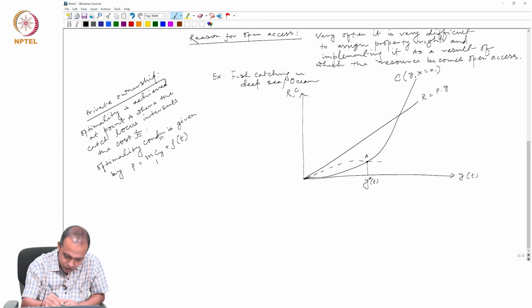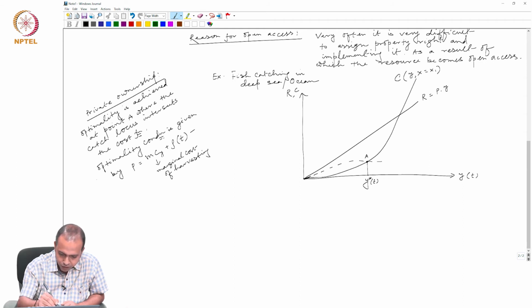This is the marginal cost of harvesting, and this is the shadow price.